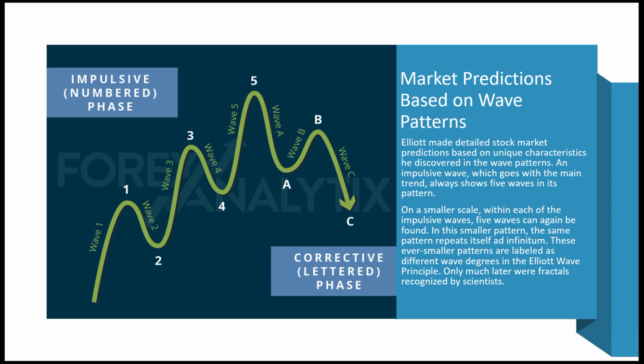So we're actually finding major waves or primary waves and then finding waves within the waves. And in this smaller pattern, the same pattern repeats itself indefinitely. These ever smaller patterns are labeled as different wave degrees in the Elliott wave principle. Only much later were fractals recognized by scientists.